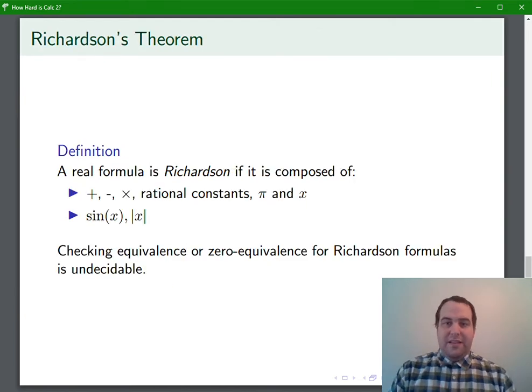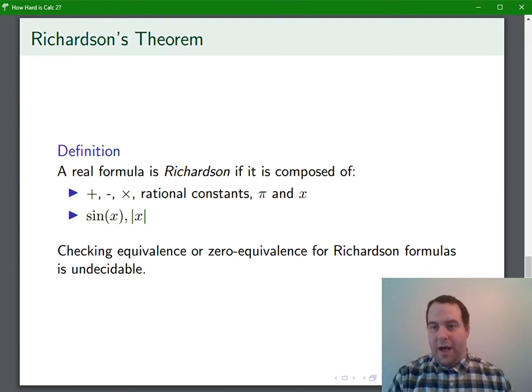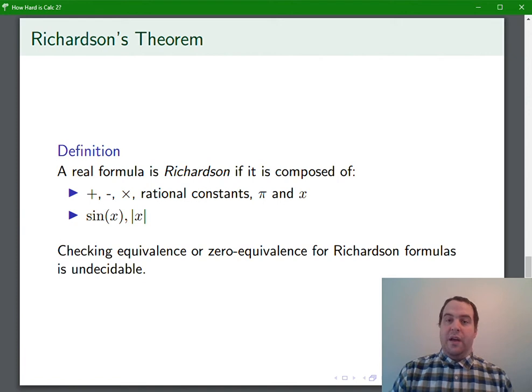So let's get into some detail. A real formula is, so we're not talking about complex numbers, although there is some study of this involving formulas that represent complex numbers. A real formula is said to be Richardson if it is composed of addition, subtraction, multiplication, rational constants, pi and x, and also contains the functions sine of x and absolute value of x. And you can compose these things however you want. So you could have a sine inside of a sine or whatever.